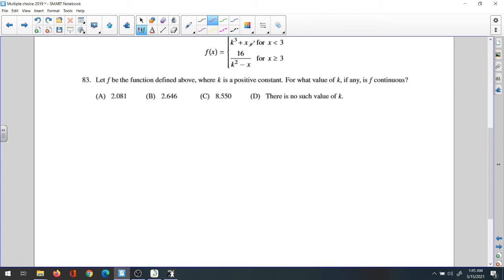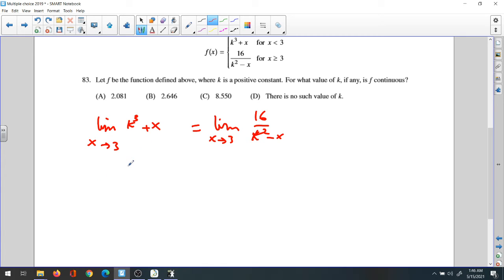The function being continuous means the limit of step 1 equals the limit of step 2. So the limit of k to the third plus x when x approaches 3 equals the limit of 16 over k squared minus x when x approaches 3.